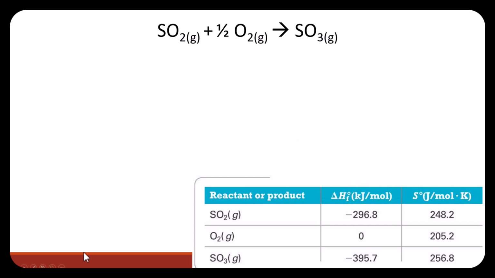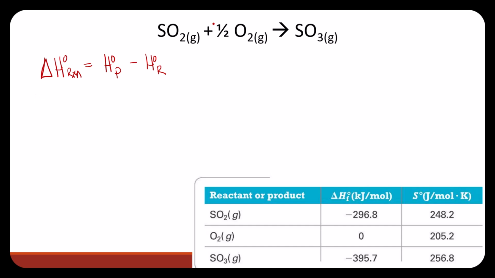I love color coding things. To calculate the enthalpy of the reaction, we are going to have to calculate the enthalpy of the products minus the standard enthalpy of the reactants. So I'm going to start with the products.